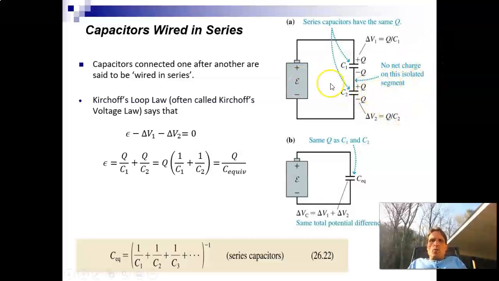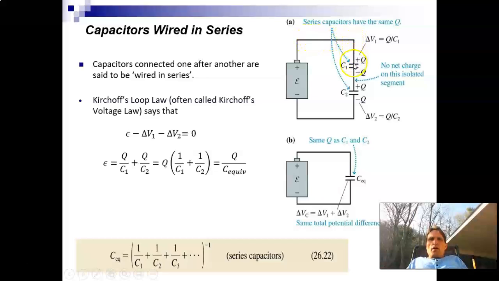Well, to calculate the equivalent capacitance, we're going to apply Kirchhoff's loop law. Remember, that says the potential differences as we go around a loop have to add up to zero, conservation of energy. So we gain an amount plus E, where E is the EMF, or the battery voltage. Then we go across a wire, and we don't lose any voltage if it's a perfect conductor.